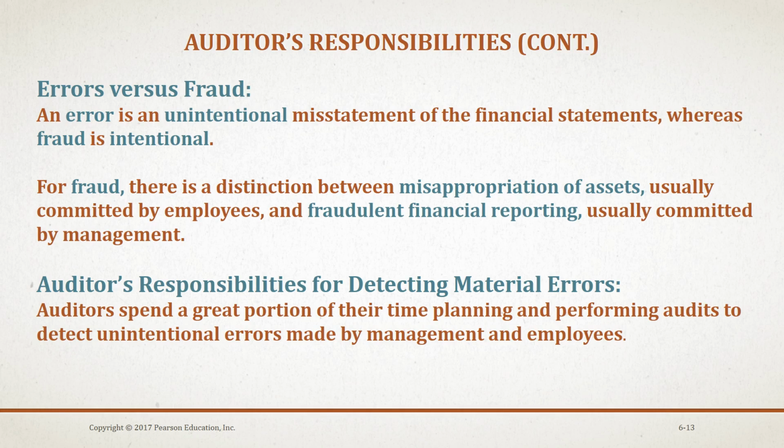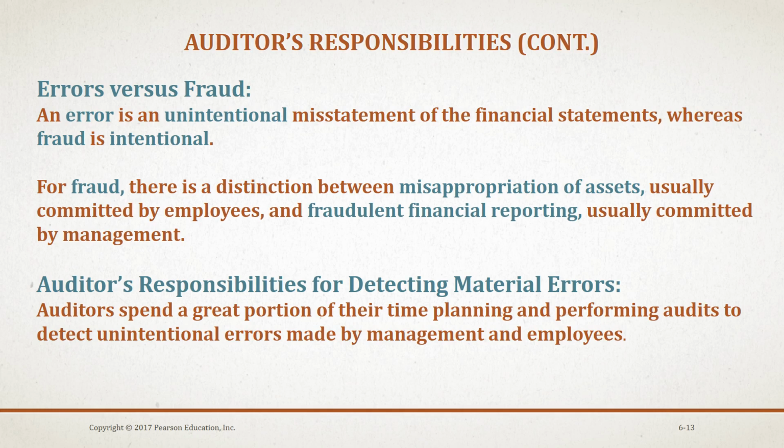Error versus fraud. An error is unintentional. So if a client makes a mistake, books something the wrong way, and there's no intent, that's an error. Fraud, on the other hand, is intentional. There's an intent to deceive.